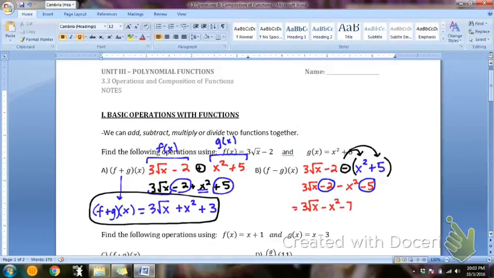We're going to put our label on at the end, f minus g of x. And this is my final answer. So we're just following the directions of whatever it tells me. Add the functions, subtract the functions. We have to do it in the order that they give. So in example A and B, they gave me the f function first and then the g function, so you have to stay in that order.